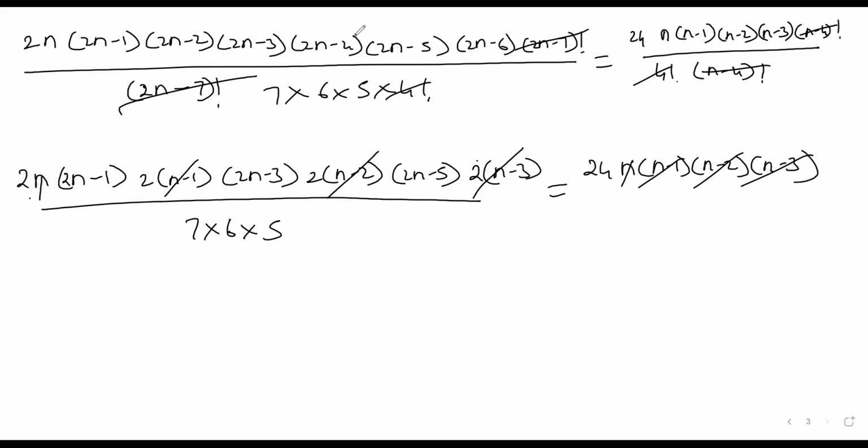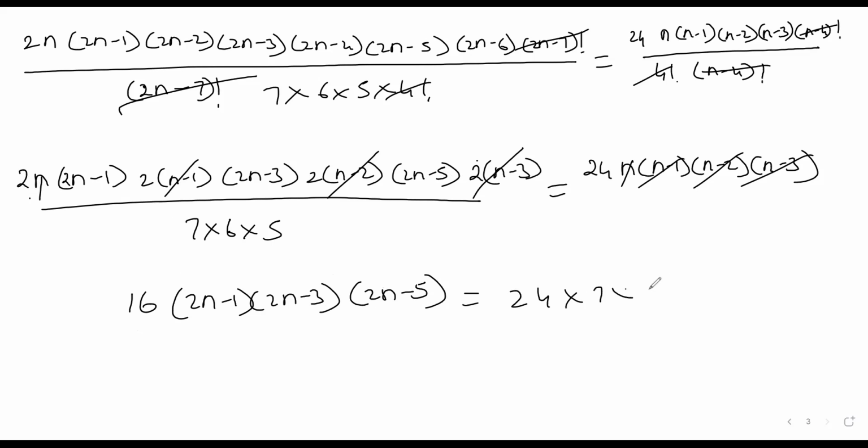This is 16 times 2n minus 1, 2n minus 3, 2n minus 5 is equal to 24 into 7 into 6 into 5. This is 2n minus 1, 2n minus 3, 2n minus 5.